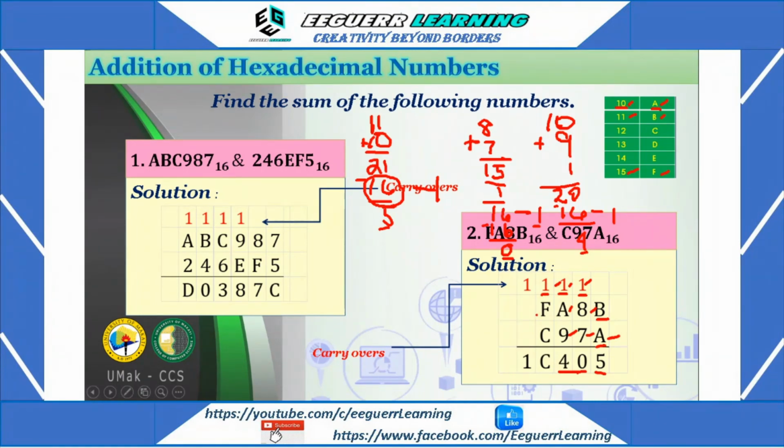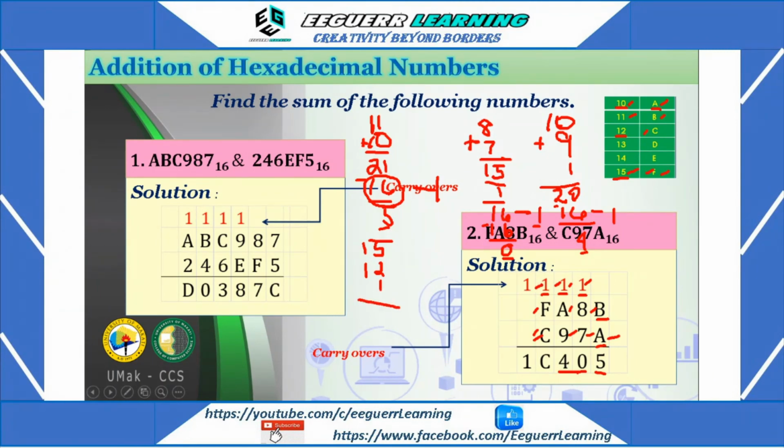Then continue adding F and C. F is 15, so we place 15 here, and letter C is 12. Then we add the carry of 1.